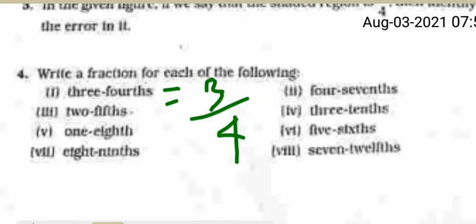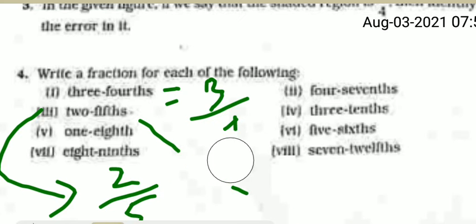Then 2/5. 2/5 means it will be 2 by 5. 1/8, it will be 1 by 8. 8/9, it will be 8 by 9. So in this way you just have to solve your question number 4, all the questions carefully. Okay, hope you have understood.